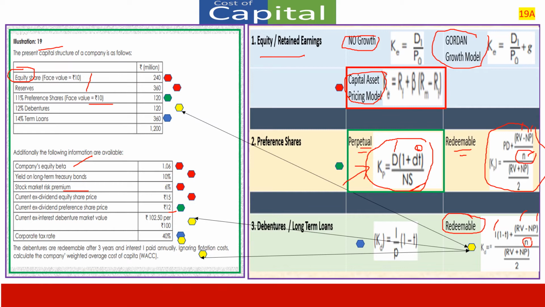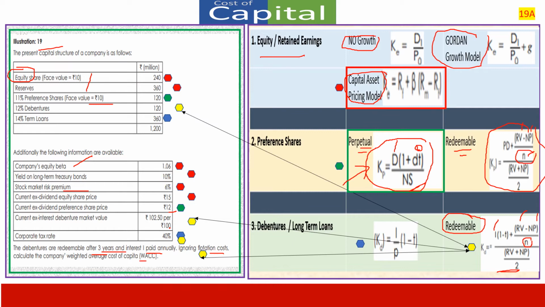But if it is given, our choice has to fall here. Is it given? 12%, current market value, face value. Debentures are redeemable after 3 years, interest paid annually. There are no flotation costs. Calculate the company's weighted average cost of capital.